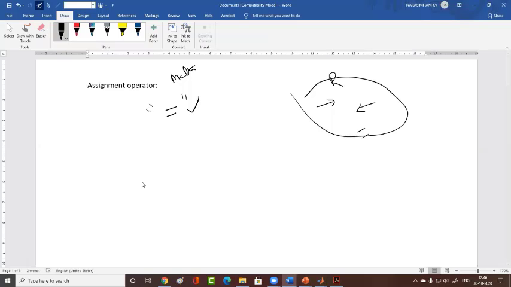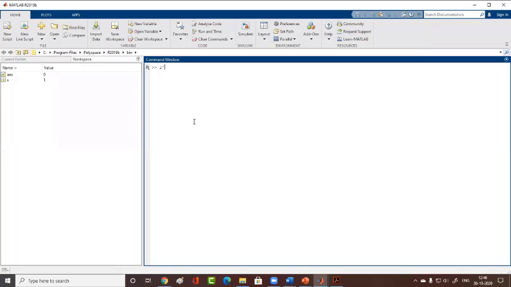So 2 cube or 3 power 4, very easily we can write 2 caret 3, like our C programming, very simple, 3 caret 4. 2 caret 3 is nothing but 2 cube.